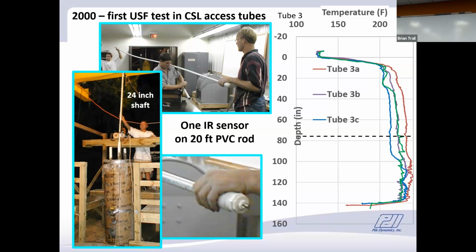And here you can see it being inserted into a 24-inch diameter shaft. And here are the measurements that they made by putting it in and rotating it in three different quadrants. And you can see that the temperature is actually 240 degrees. So they were really cooking the thing with pure cement paste.